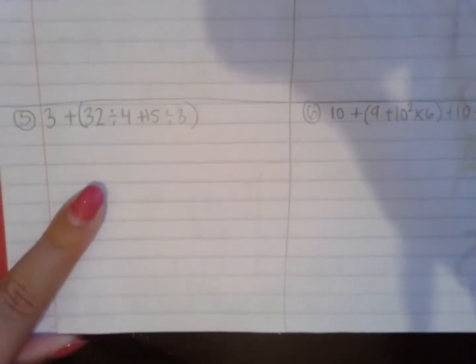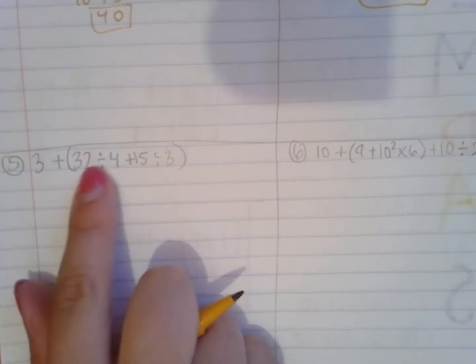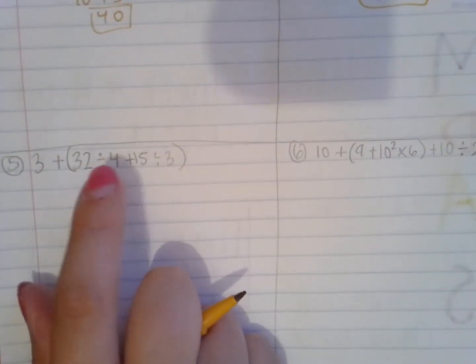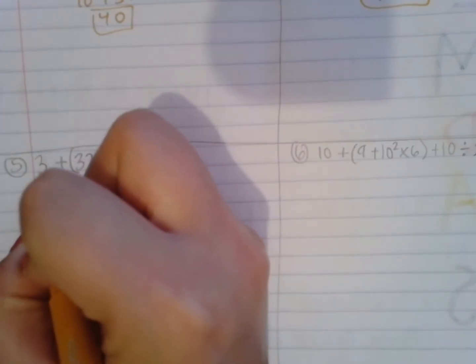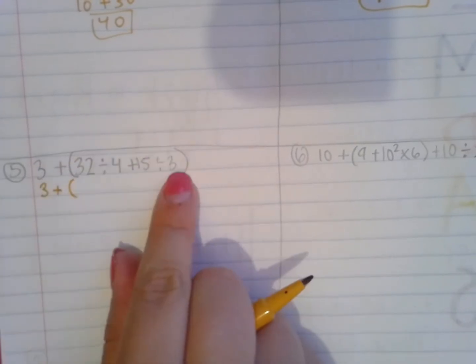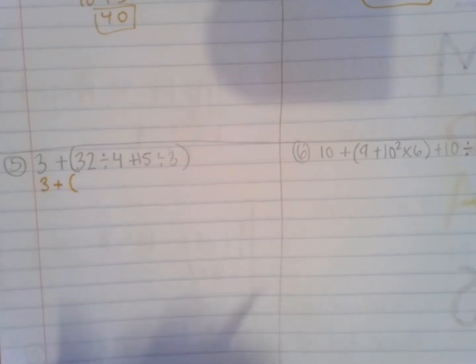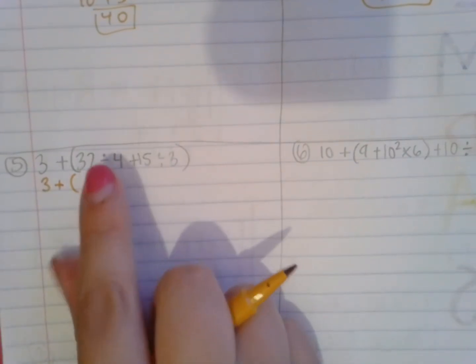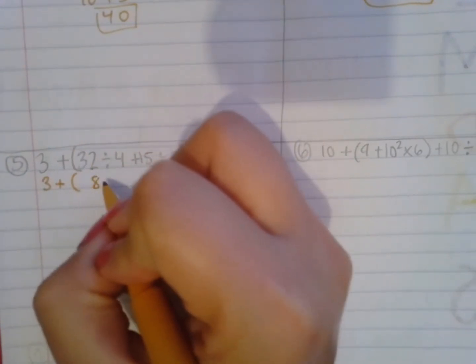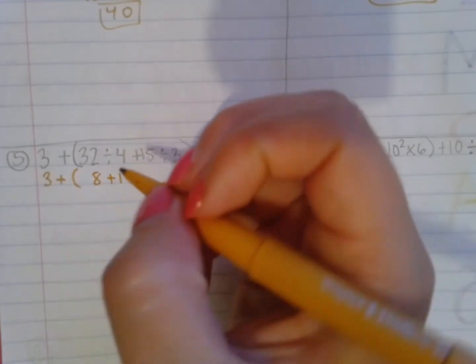Last two in here. Remember, we have a parentheses. We got to do the order of operations that's inside my parentheses first. So in this case, I'm just going to bring down that 3 plus. And so here I have 2 divisions and one addition. So what I'm going to do is go from left to right, but doing the divisions first. 32 divided by 4 will give me 8 plus 15 divided by 3.